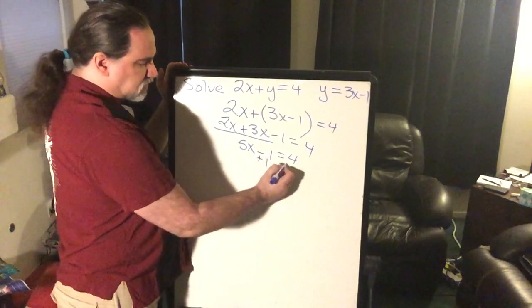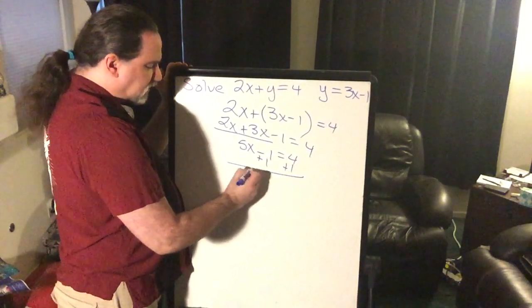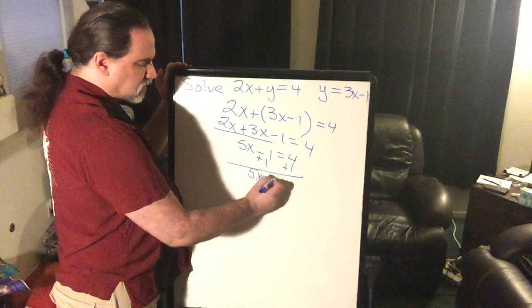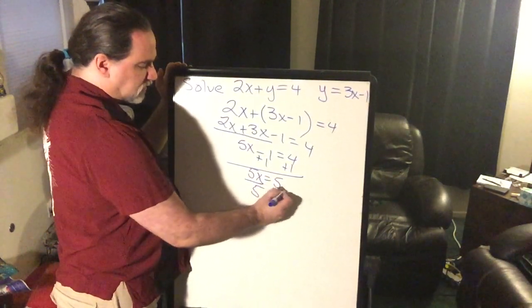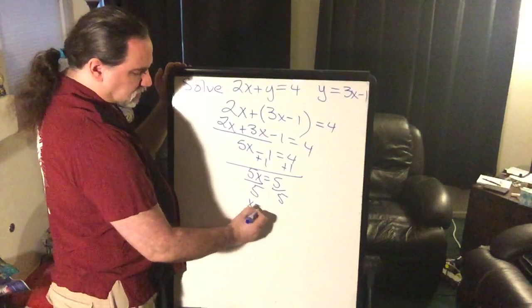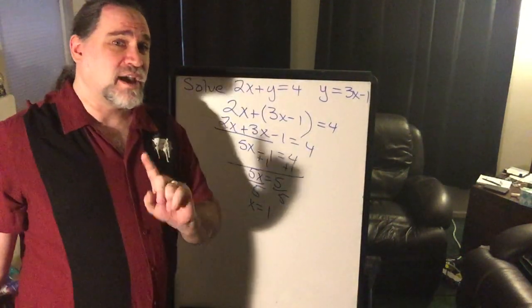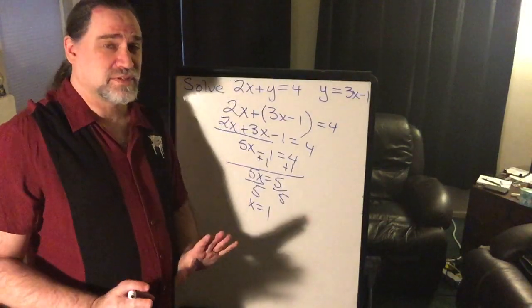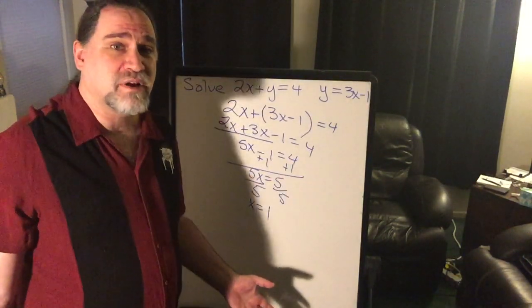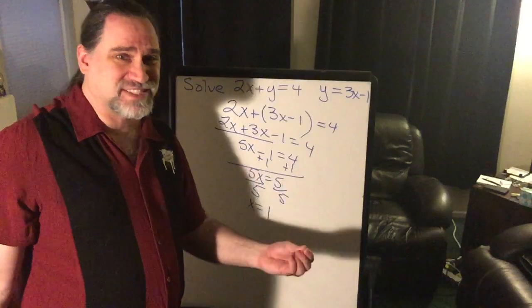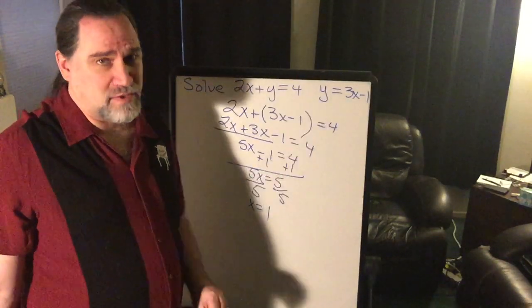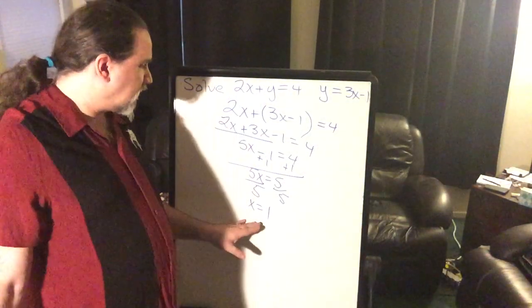And now I'm simply solving just like we did way back at the beginning of the semester, way back at the beginning of all of these lessons. I have solved for x. Now I have not finished by any means, because remember, where do they meet on a graph? Where they meet on a graph is an x value and a y value, but all I have so far is an x value.